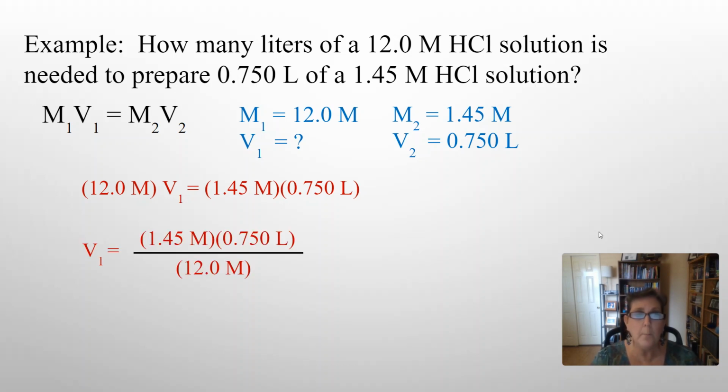There's V1. Punch it into your calculators. Pay attention to sig figs. I think everything has 3 sig figs this time. And we get 0.0906 liters. 3 sig figs. Zeros in front do not count as sig figs. So that has 3 sig figs.